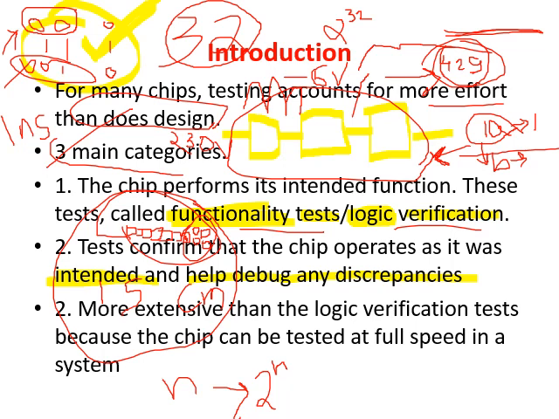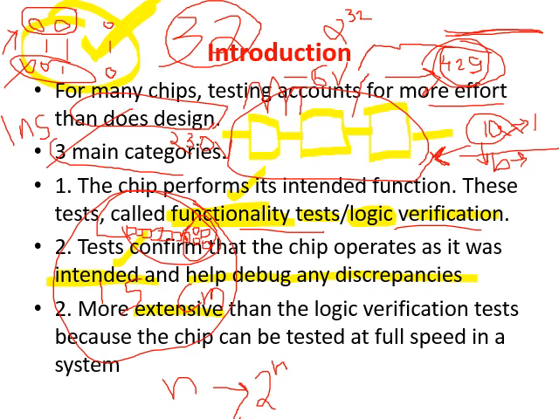So this second type of test is something more complex compared to the first type, because in the first we are simply verifying the functionality. Here we are verifying the functionality as well as trying to debug any errors.